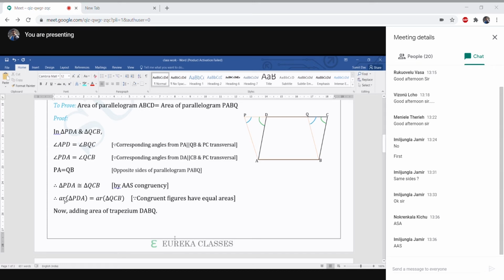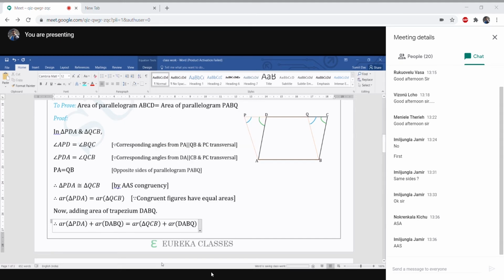Therefore, we'll get area of PDA plus area of DABQ on one side, and here also plus area of DABQ.